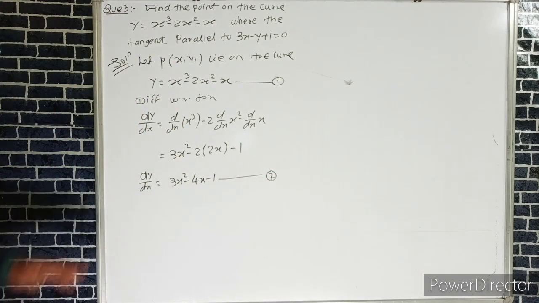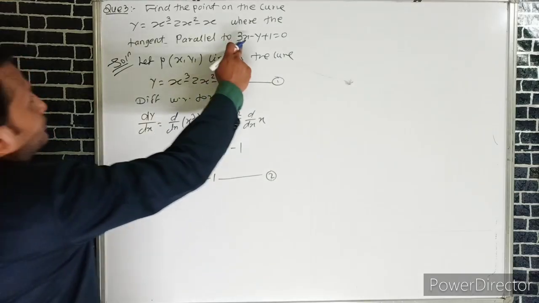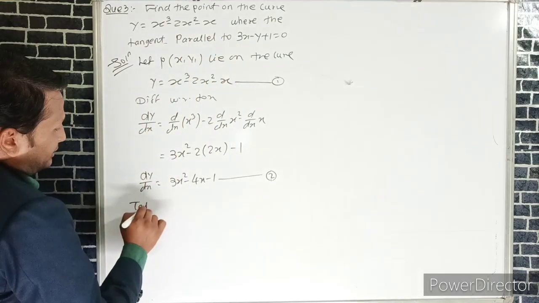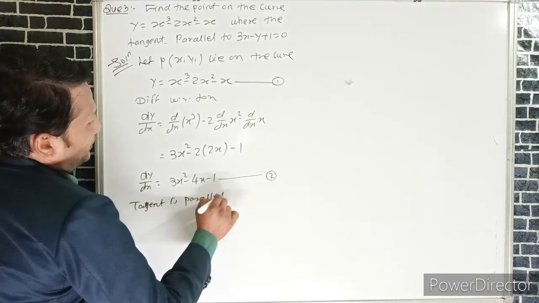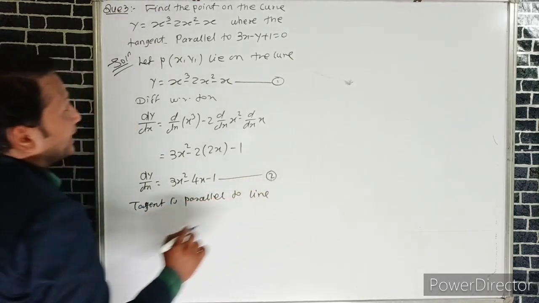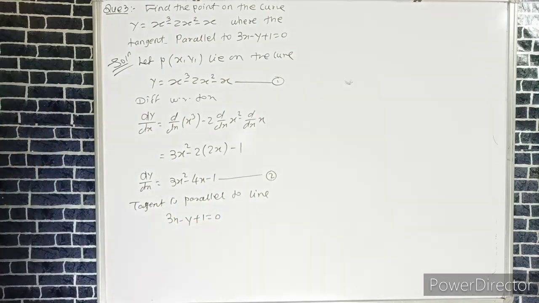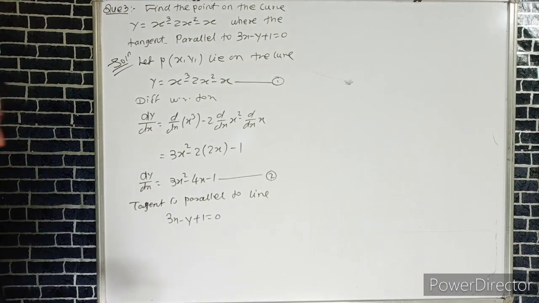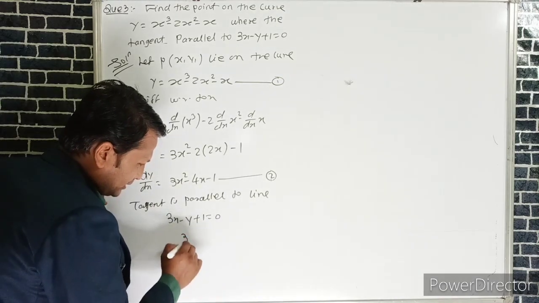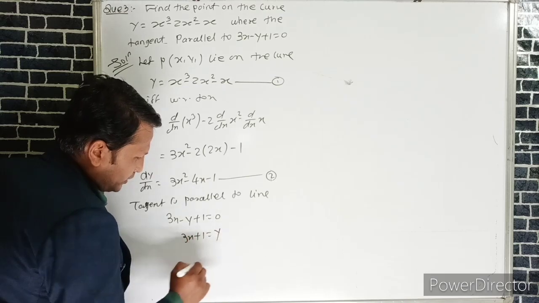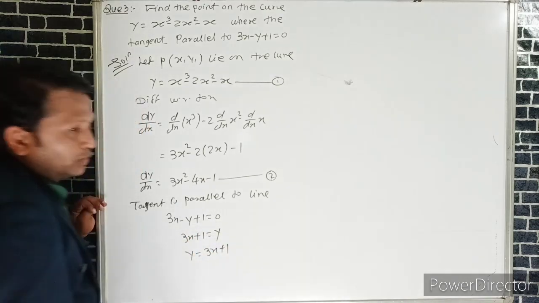So the tangent is parallel to a line, and the line is 3x minus y plus 1 equals 0. Their slope form is, if we shift minus y to the right side, we can write 3x plus 1 equals y. Hence y equals 3x plus 1, which is the slope form.